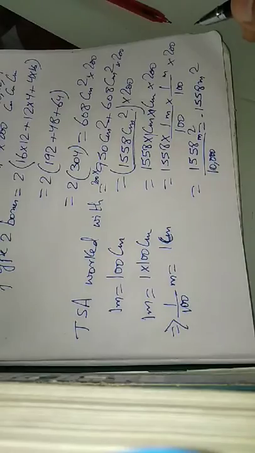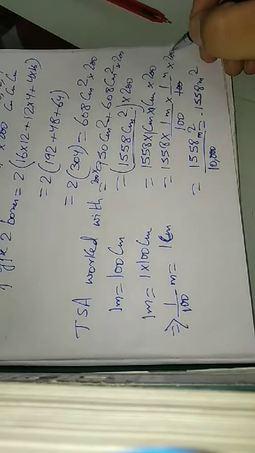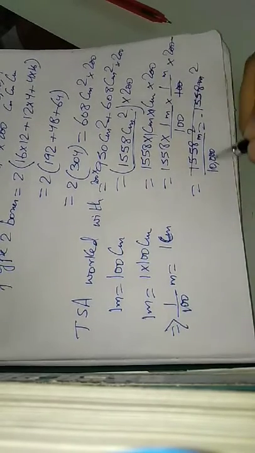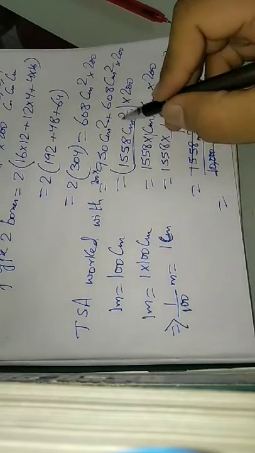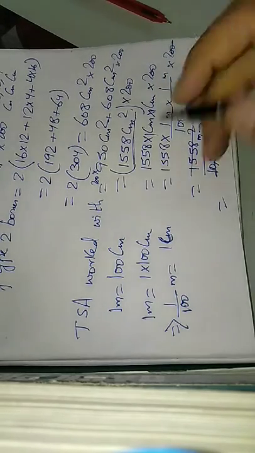Into 200 into 200, right? So what will be the value? This 100 and this 100 is gone. But the rule is that this is in centimeter square, so you need to convert it into meter square. You need to divide this by 10,000, right? That's what should be understood.